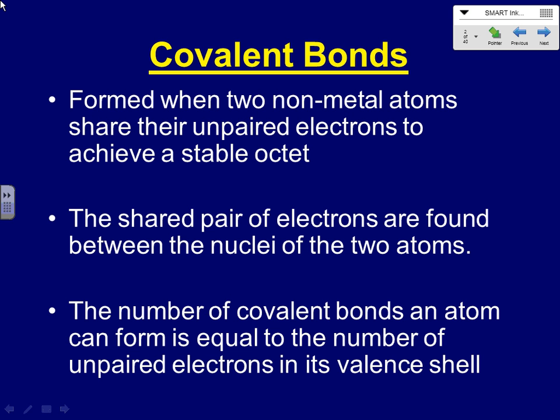So as per normal, when we look at something new, there's a few slides of information that need to be given. But then we will get into some practical drawing, Lewis diagrams. We'll be using our energy level diagrams to represent sharing of electrons now.